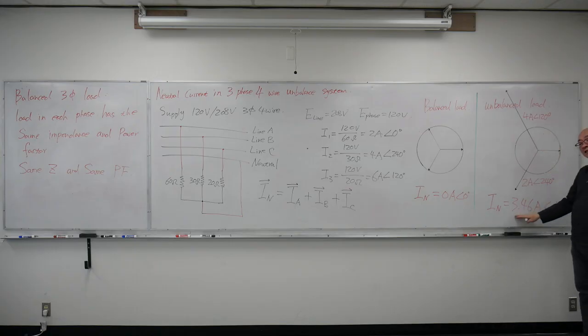So when you do this neutral current calculation, if your value is between these two values, you know you did the right calculation. If somehow you calculate a current higher than 4 amps or lower than 2 amps in this sample, you did something wrong.